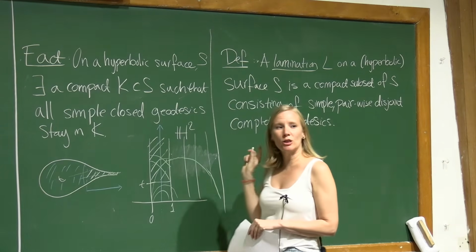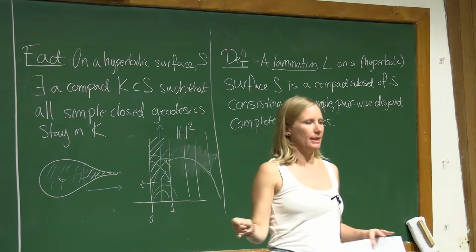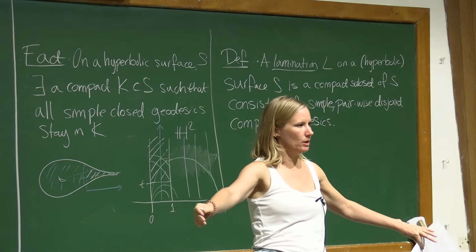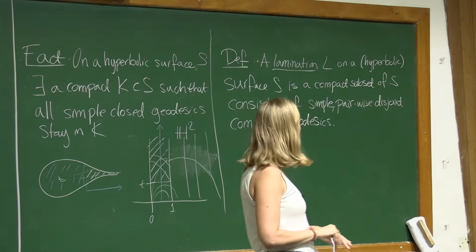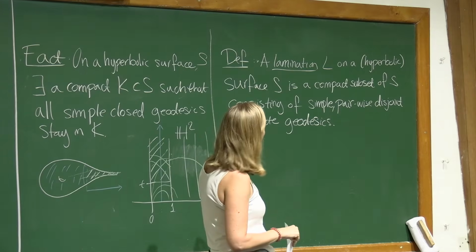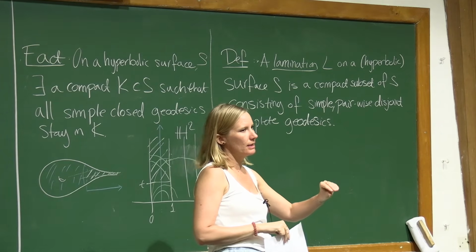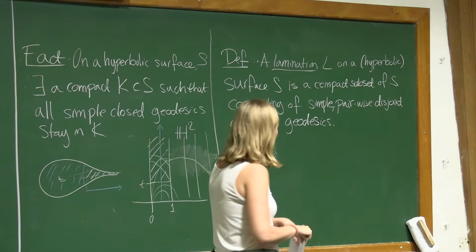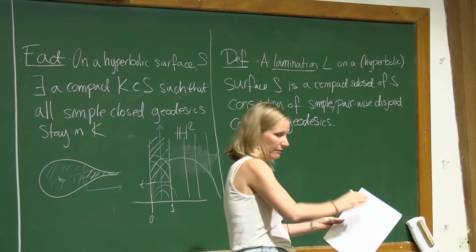So not necessarily closed geodesics, but geodesics. Each one is simple and they're pairwise disjoint. So you can think of it as a compact subset of S that they foliate.